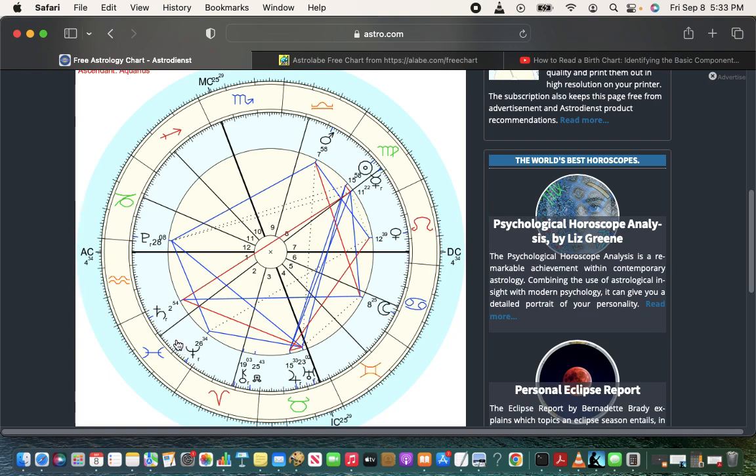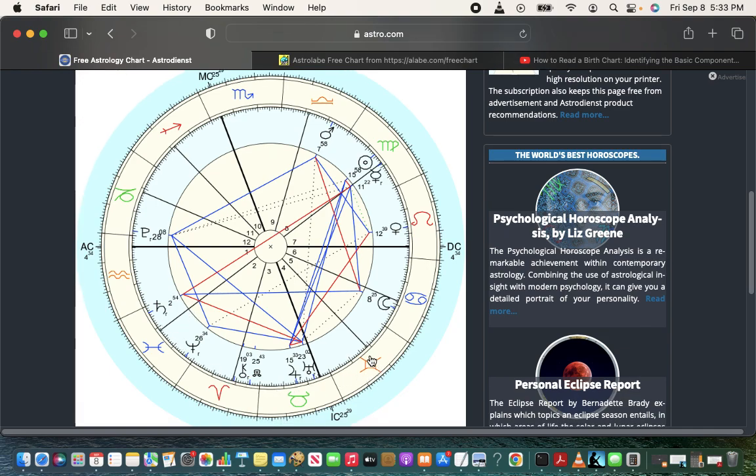And the mutable signs, Gemini, Virgo, Sagittarius, and Pisces. So we have cardinal, the beginning, fixed, the middle, and mutable, the ending. And then it goes on like that around the circle.